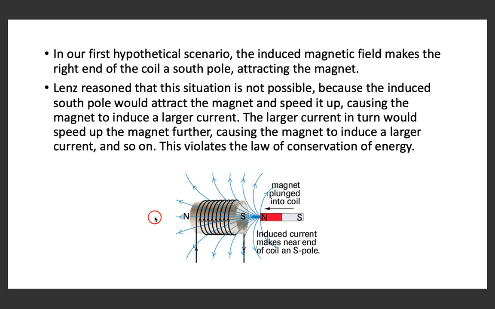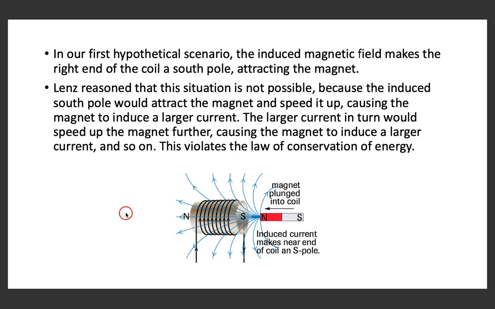Because if the induced field creates a south pole here, this magnet is going to be attracted to that south pole. And so if it's attracted to that south pole, the magnet's going to speed up. And then if the magnet speeds up, it's then going to induce a larger current, which would speed up the magnet further, which would induce a greater current, speeding up the magnet further.